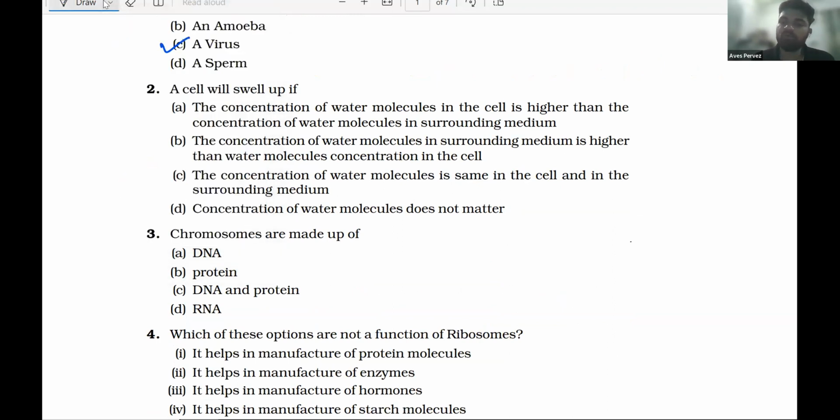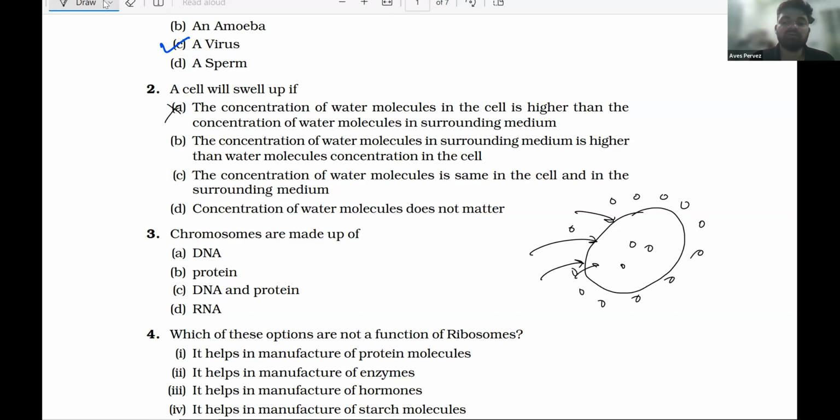Hypertonic means the water will come out, and hypotonic means the water will go into the cell. In hypotonic, the concentration of water molecules in the surrounding medium is higher than in the cell. Water enters because there is a lesser amount of water inside and more outside. So B is the correct option.